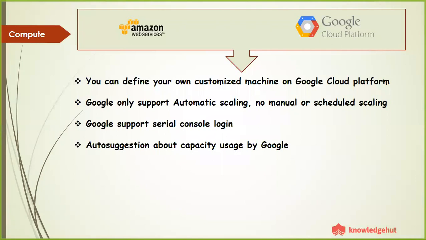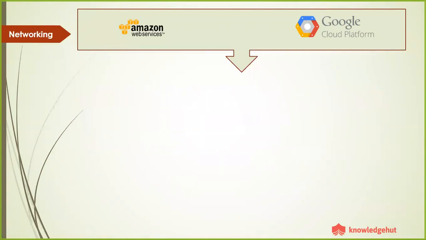It's really good for billing purposes. At the same time, if your server is overutilized, it will also suggest you to increase the capacity. This really becomes handy in many situations.